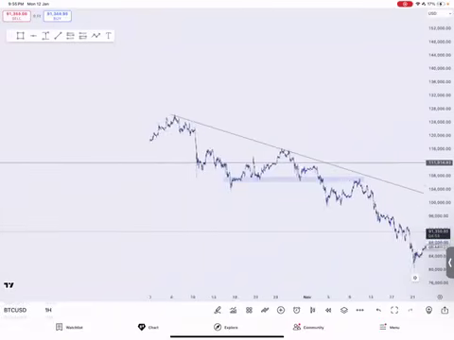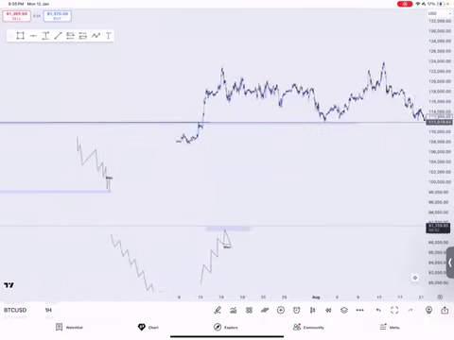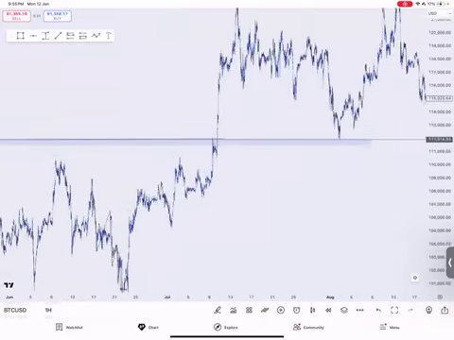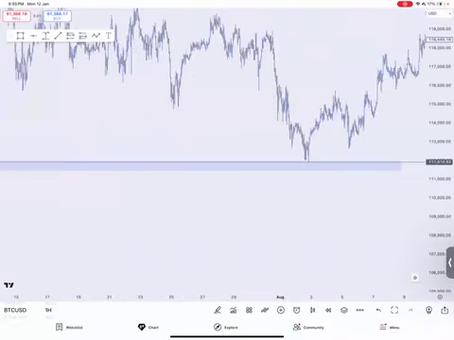That daily time frame breaker there, that's the zone. So let's go to the chart and observe.